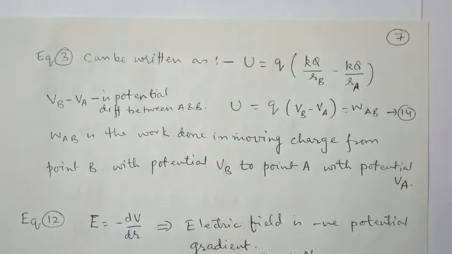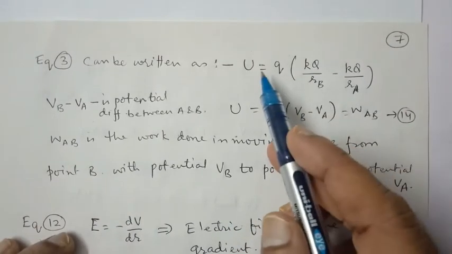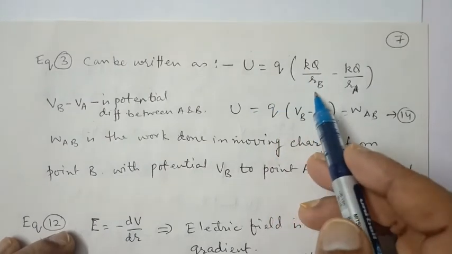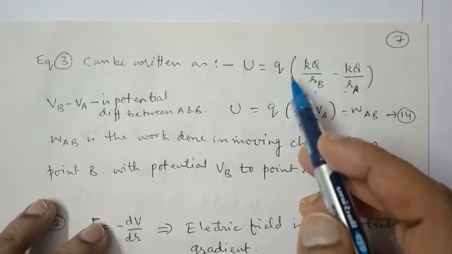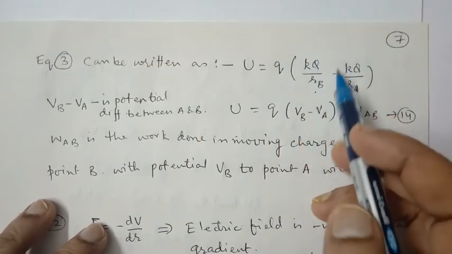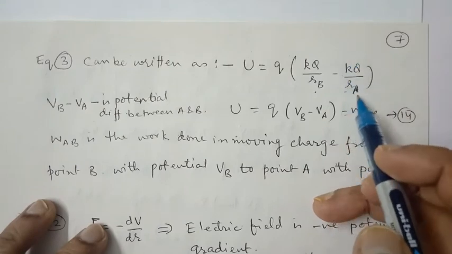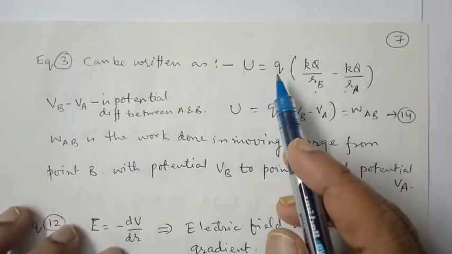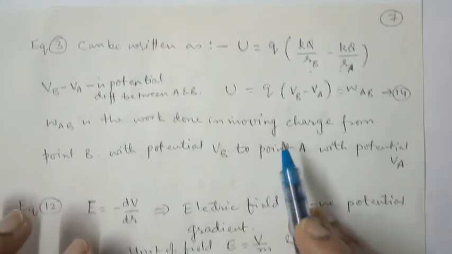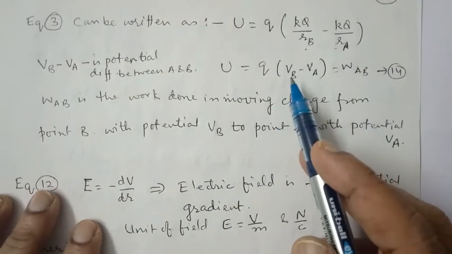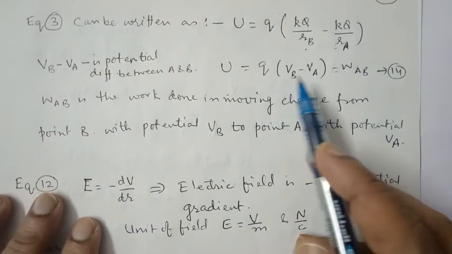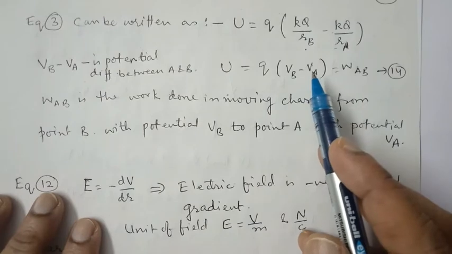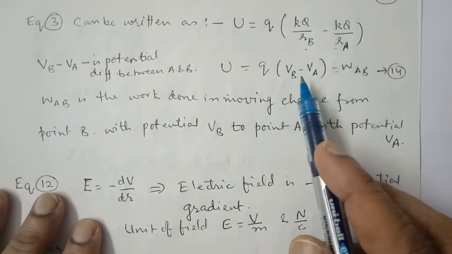Now because we have understood and studied the concept of potential, I'll relate it as q times KQ by RB minus KQ by RA. This talks about the potential at the position RB, and this talks about the potential at position RA. So I can write it as q(VB minus VA). What is this? This is the difference between potentials at B and A. This is also known as potential difference, VB minus VA.